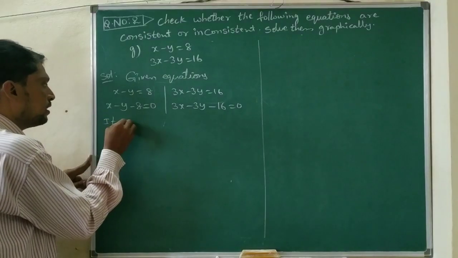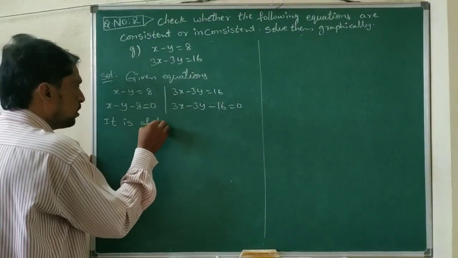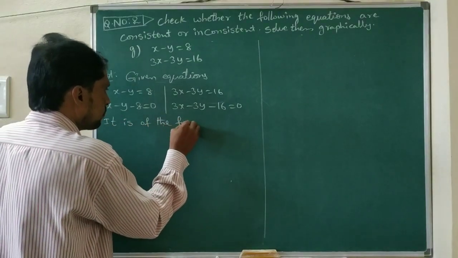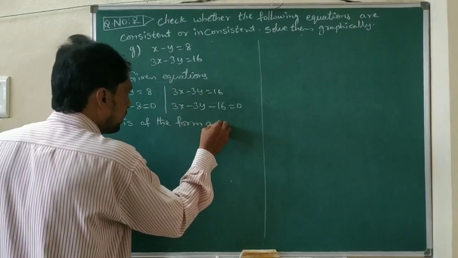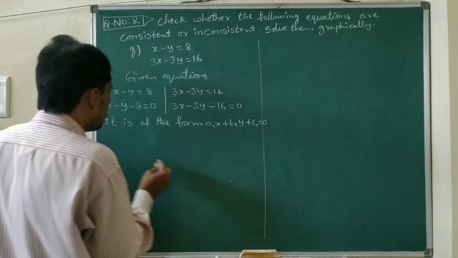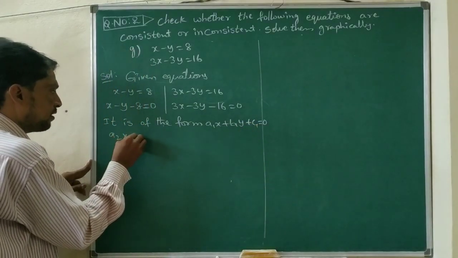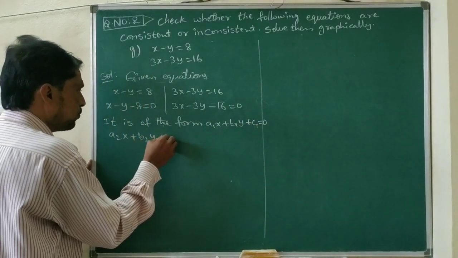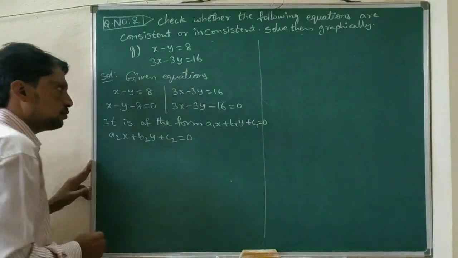Now you can write it. It is of the form a1x plus b1y plus c1 equal to 0, a2x plus b2y plus c2 equal to 0.